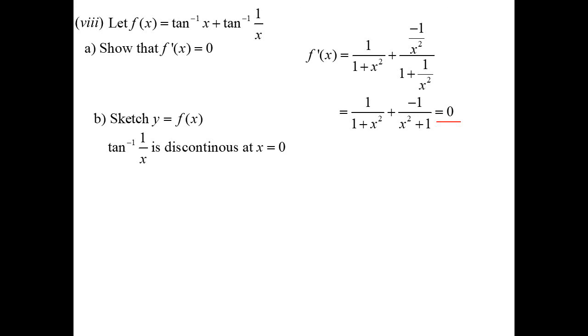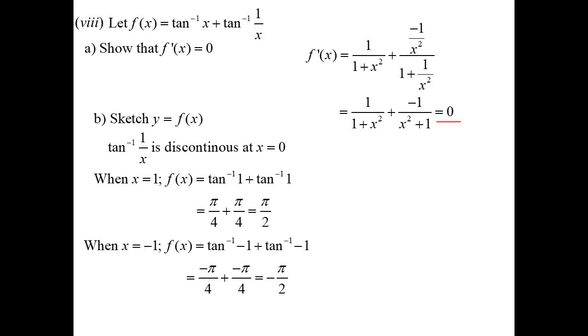So when you substitute in to find out what this constant value is, if I substitute in x equals 1, and again I get pi on 2, amazingly, same thing. Pi on 2, but if I sub in negative 1, I get minus pi on 2. So again, the mistake people would make with this one is go, oh look, I found out it's pi on 2, I'll just draw y equals pi on 2.